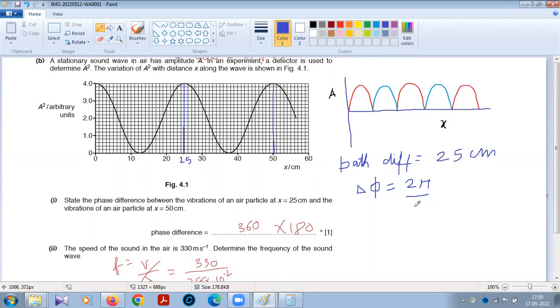So lambda will be 50, and this path difference is 25. So ones are twos are two. So phase difference is pi radians or 180 degrees. That's why it's coming like this.